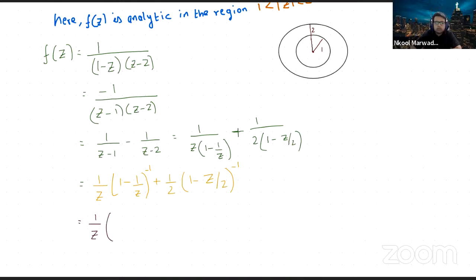That will be 1 plus 1 by z plus 1 by z square plus and so on, plus 1 by 2 into 1 plus z by 2 plus (z by 2) whole square plus and so on.